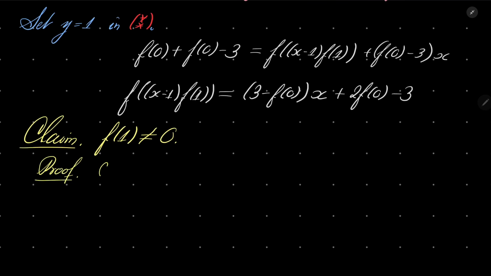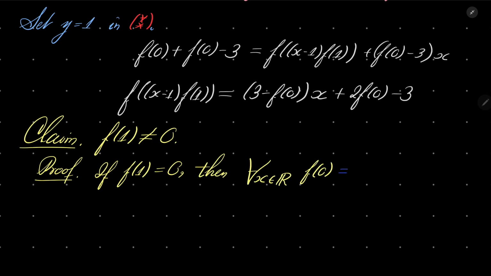If f of 1 equals 0, remember that this equation should be satisfied by all real numbers x. So then it should be the case that for every real number x, on the left hand side we have f of 0, so f of 0 equals (3 minus f of 0) times x plus 2 times f of 0 minus 3.